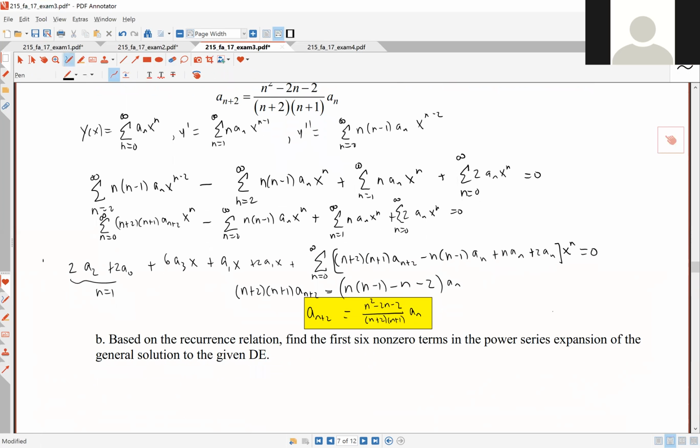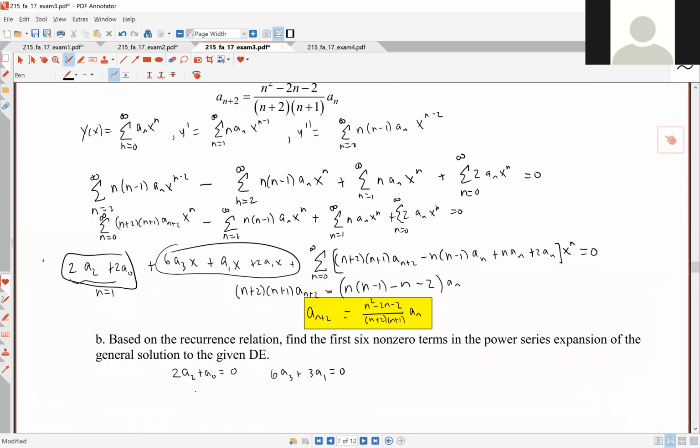Now, from this piece here, 2a2 plus a1, that's got to be equal to 0. From this one right here, that says that 6a3 plus 3a1 must be 0.